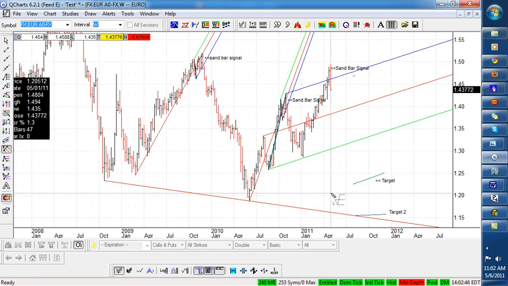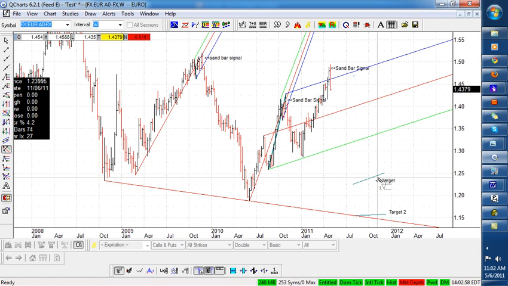If you're in the Sandbar program, you may or may not be in the Babson program, so I'm not going to draw the Newtons for you. So anyway, you have a Newton coming in here. The importance of this one is this one is a target and reversal line, so that if prices bounce off this target here and start reversing, that's something you want to pay attention to and probably take advantage of.